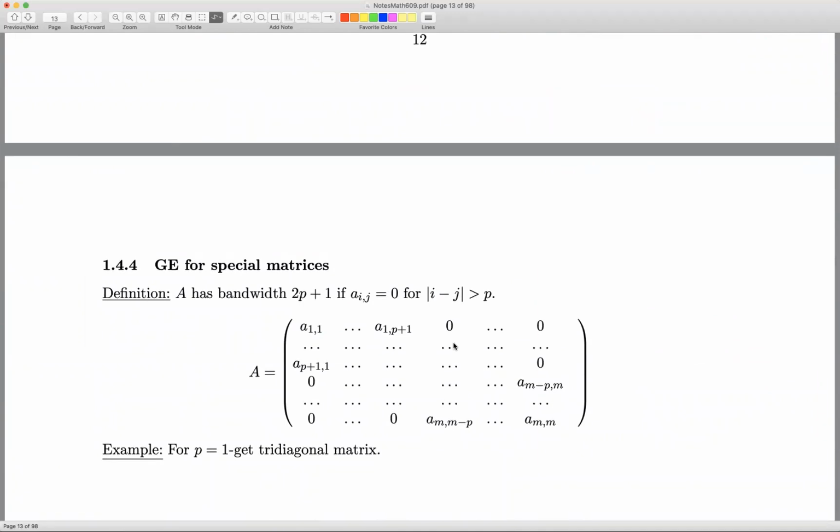Now, if you think of what we discussed about methods for solving linear systems, we said that there are some methods that are universal that can be applied to every matrix, and there are some methods that are specialized that can be applied for matrices of a particular type.